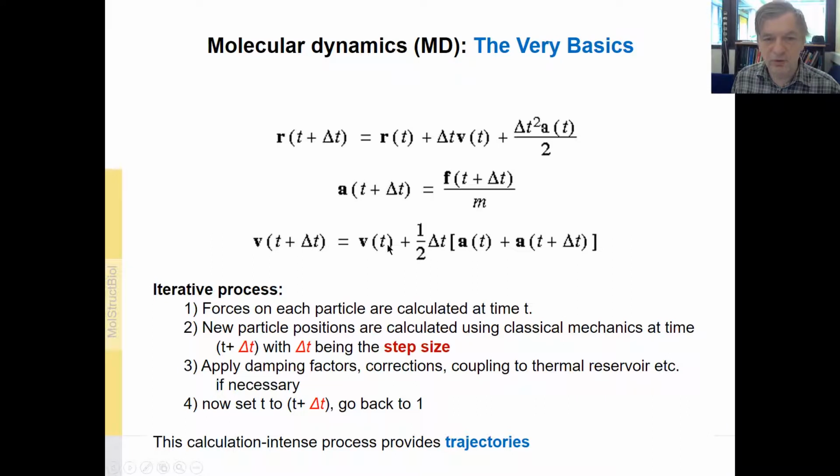It's the velocity at the time t plus the average value of the acceleration at time t and time t plus delta t, divided by 2 and multiplied by delta t. So that is actually the most basic equation that we have for molecular dynamics.